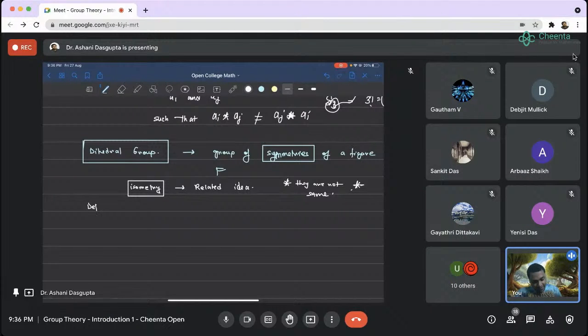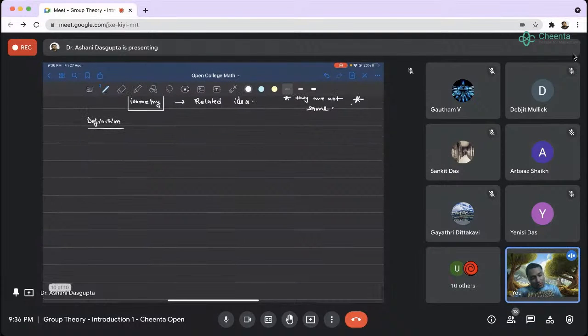So let's look at the definition once. So suppose we have a space. Let's talk about R2 for the moment. R2 is the familiar Euclidean plane, the XY plane, if you may want to think about it like that.